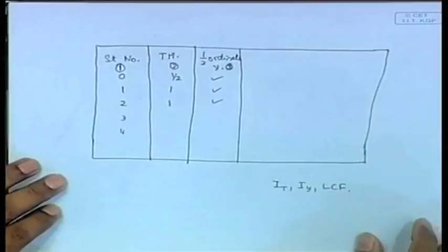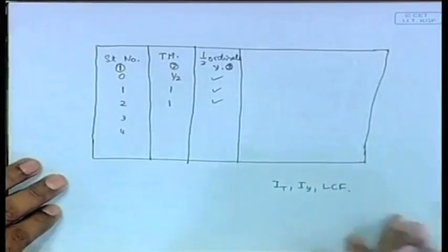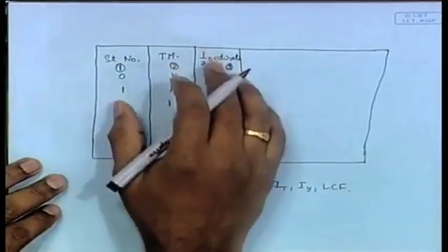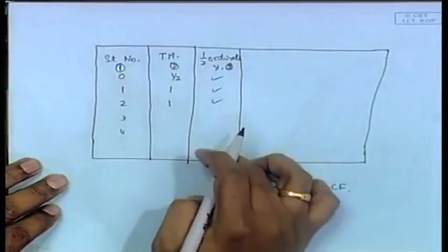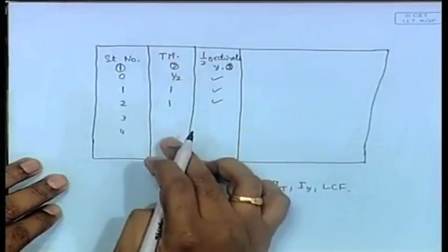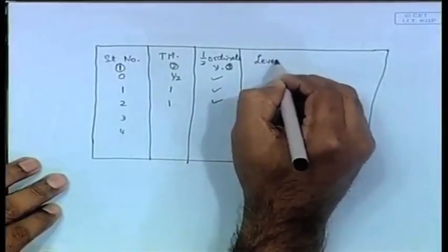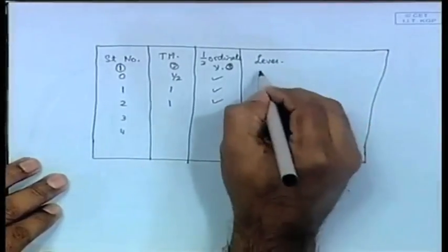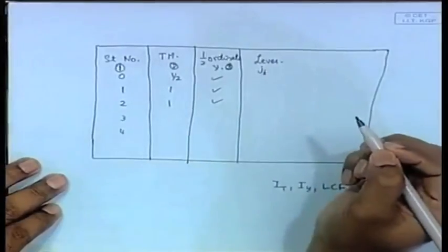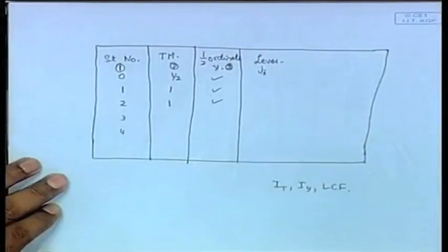All right. Now, what are the things that you need to do this problem? This is what you are given, just the station number and half ordinate. First, you make the trapezoidal multiplier column, then you make a lever. The meaning of lever is the position of that station.